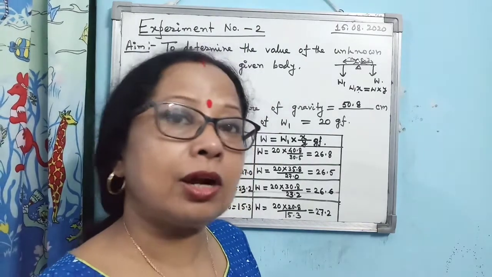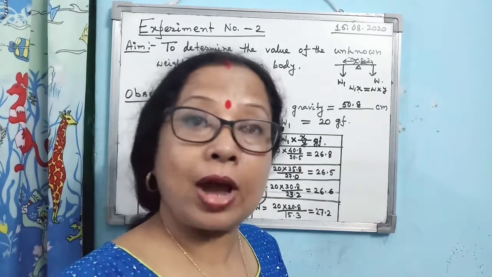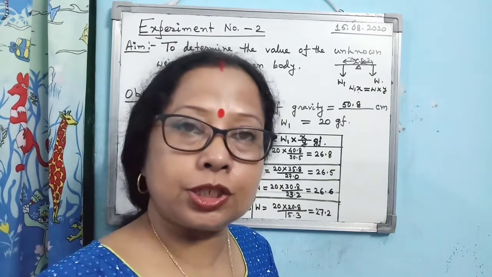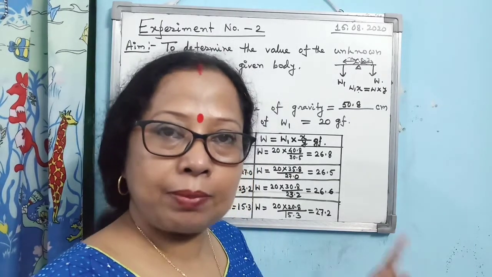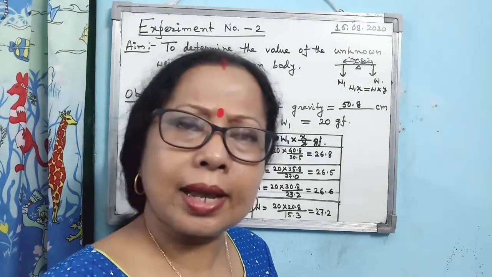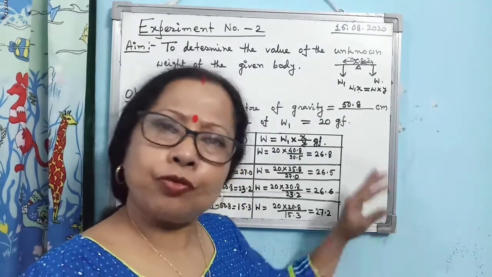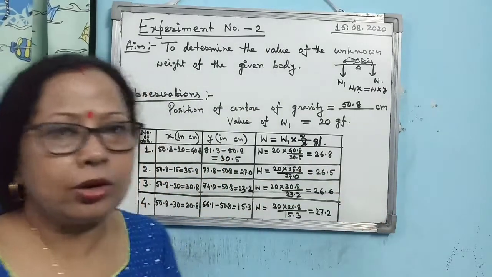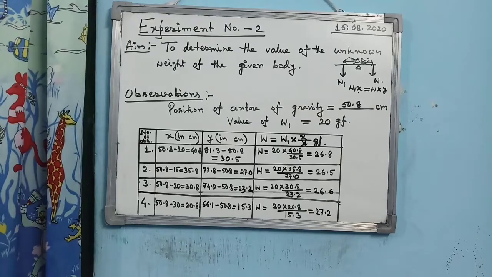I hope I will not get any message asking why 4 observations. I have given the explanation here: by mistake I have taken 4 observations and dismantled it, so it will take time to set it again. That's why 4 observations is okay, there is no problem. So you also write down 4 observations only.